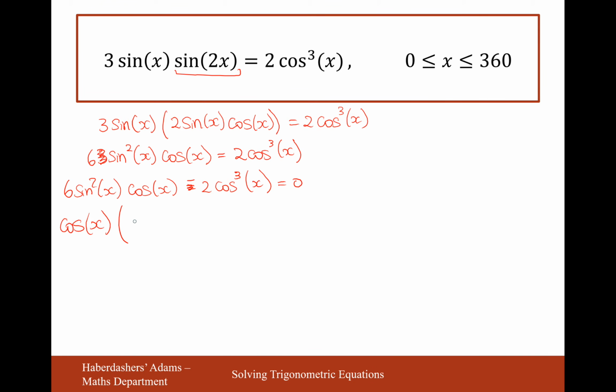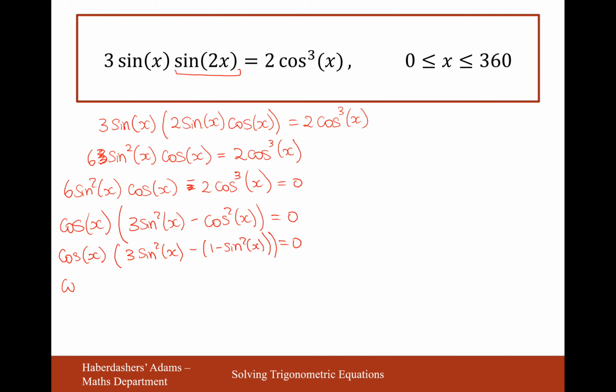That's why you have to factorize it out. So it's going to be 3 sine squared x minus cos squared x equals 0. The next thing I'll probably do with what's inside the bracket is use the 1 minus sine squared identity for cos squared. So that's going to make it minus 1 minus sine squared x for the cos squared.